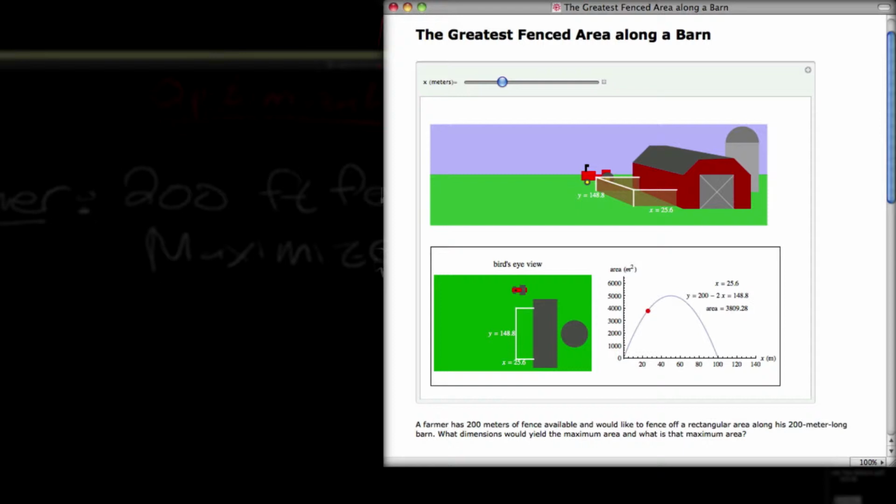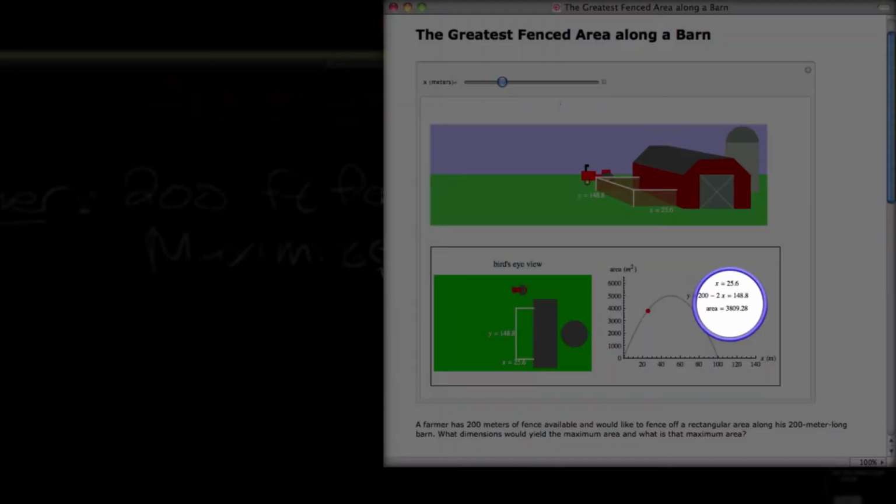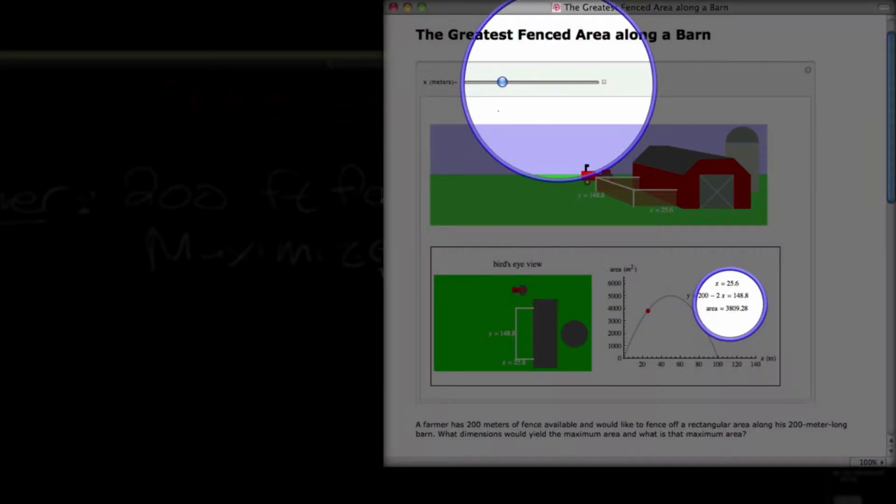Here's your tractor, and let's not worry about this for right now, but I do want you to take a look at this guy, the area right here. As we move the slider, you want to take a look at how that area moves, because we're trying to maximize that.